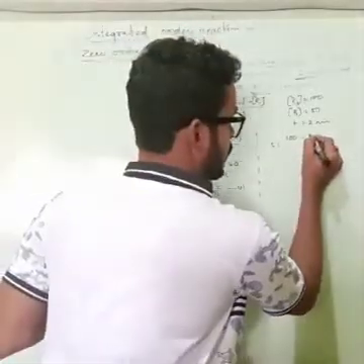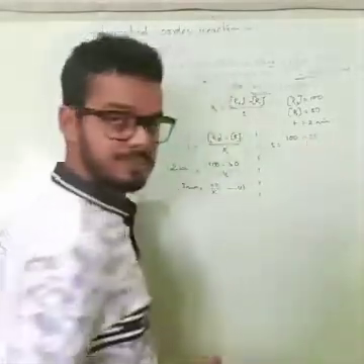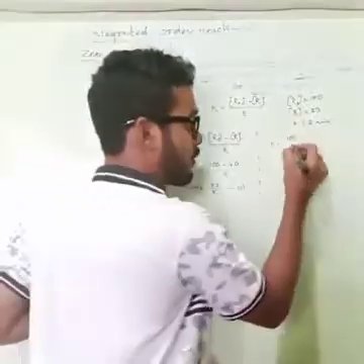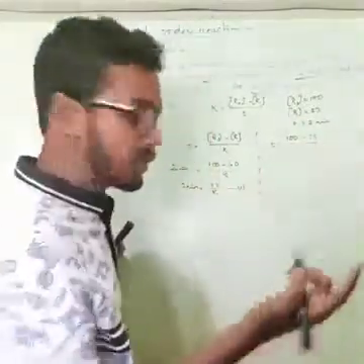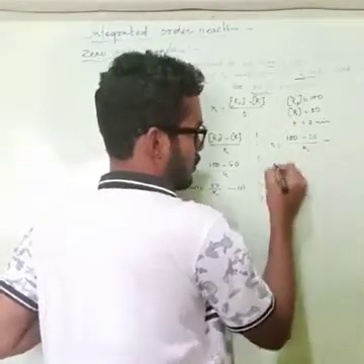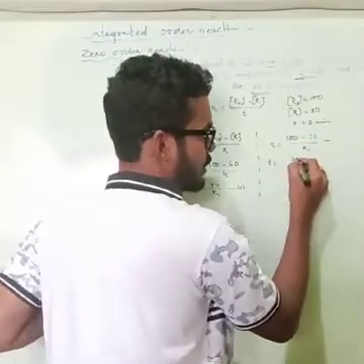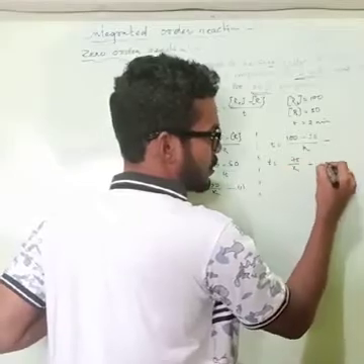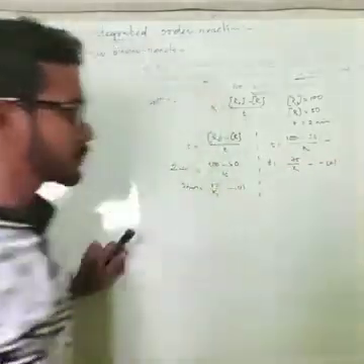So here you have to write 25 divided by k, this is equation 2.